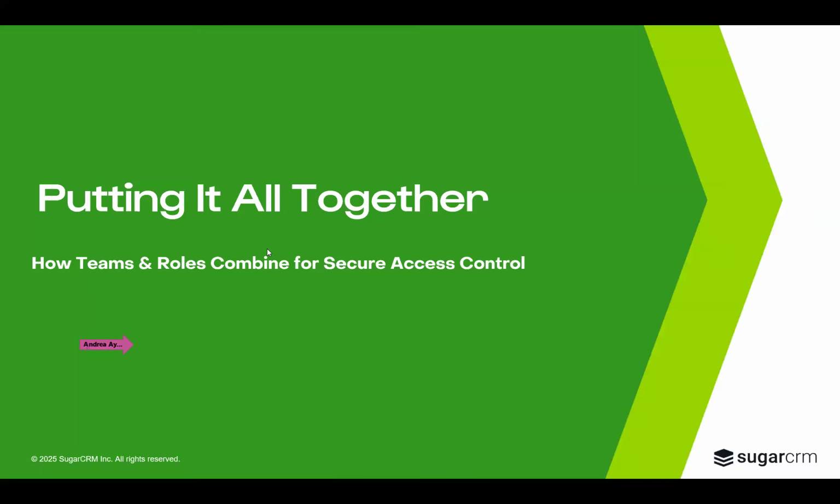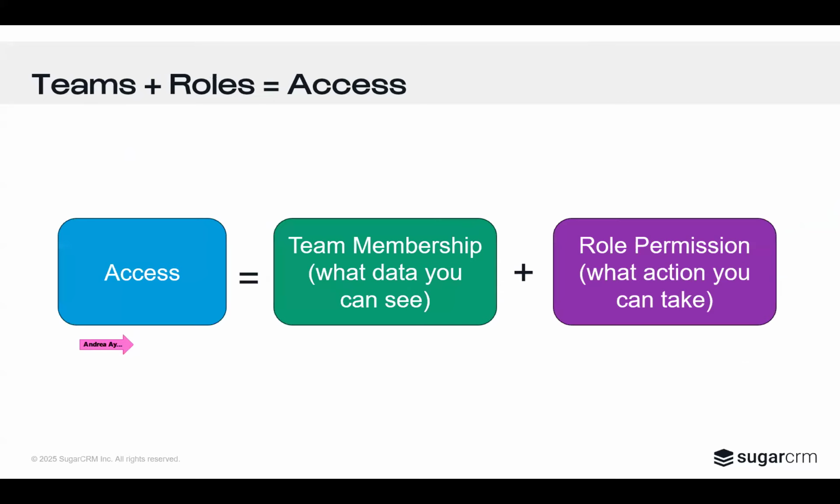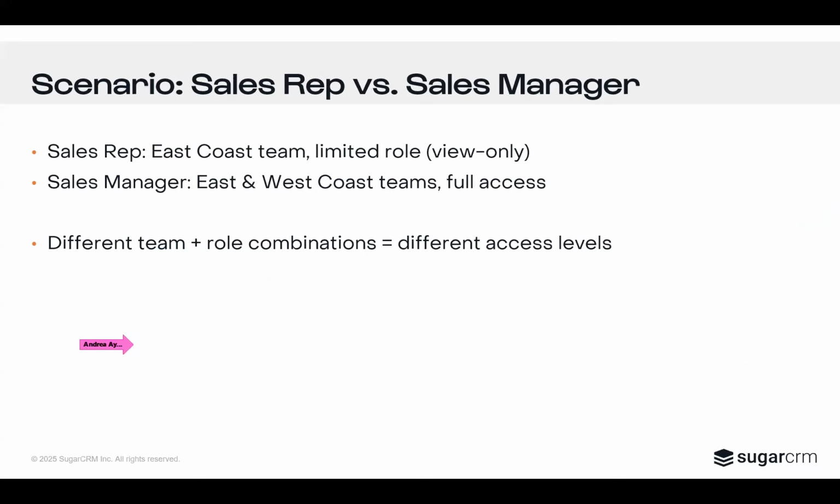So let's put some of this together, right? Access means whatever the team membership is, so what they can see in the system, and the role, the actions they can take. That's their access. So sometimes when folks come to you, they may say, I cannot see something, or I'm seeing things I probably shouldn't be seeing. That could be a combination of both a team and a role, depending on what you may be looking at. So if you're talking about sales reps and sales managers, you may have a sales rep on the East Coast team. They have a very limited role.